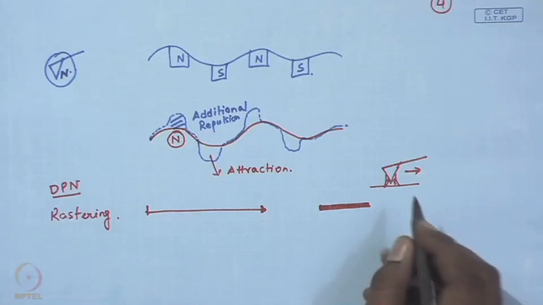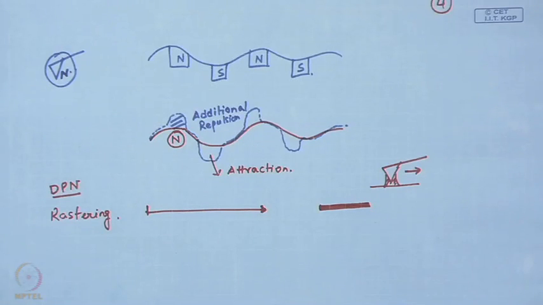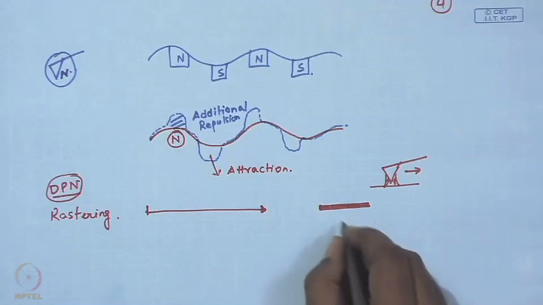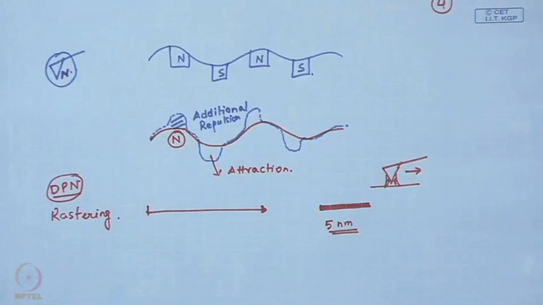So, this way you can create very narrow lines of different wettability regions, which is known as dip pen nanolithography, and structures down to around 5 nanometer lateral resolution can be created by this.